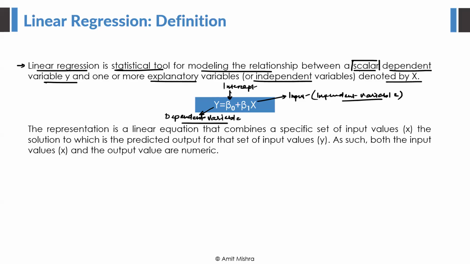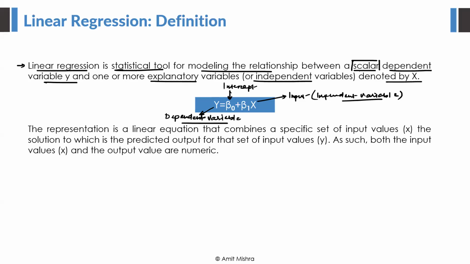So if I have to summarize, linear regression is a statistical model where we establish a linear relationship between the scalar dependent variable y and the scalar independent variable x.